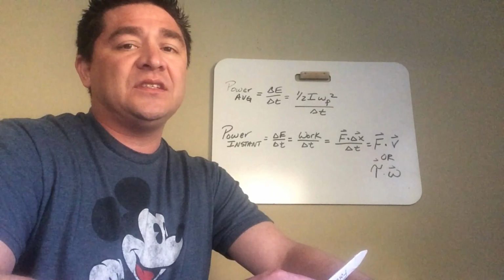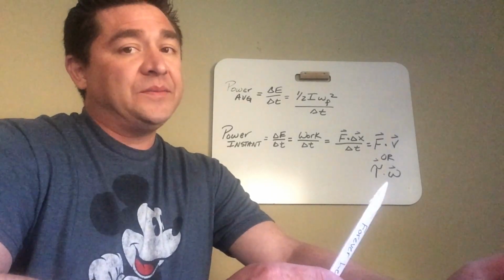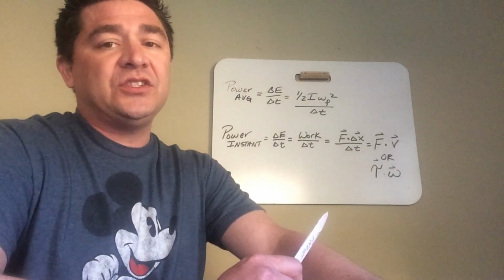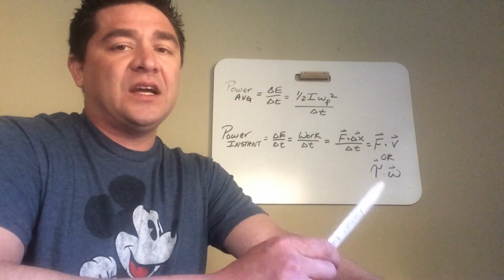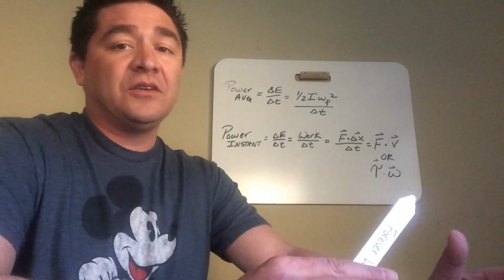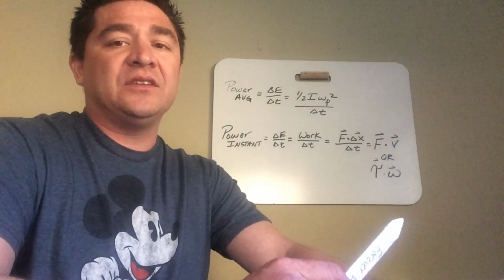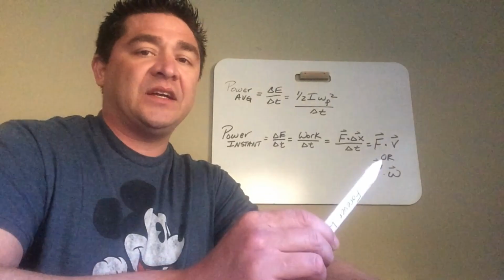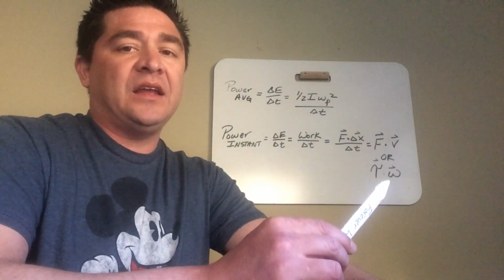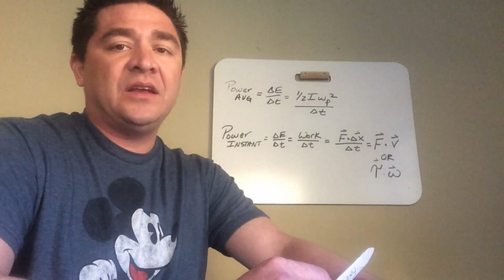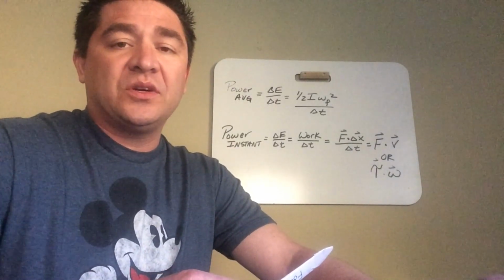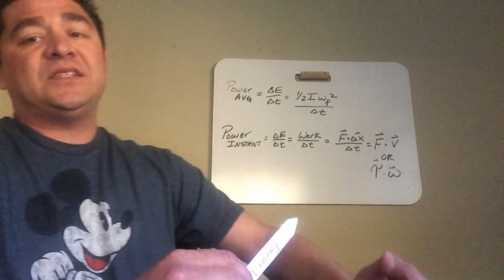Or, in terms of rotational dynamics, torque times angular velocity. So we have our equivalents there, much like all our rotational equations have their linear counterparts. Torque is the counterpart of force, and angular speed is the counterpart of linear velocity. So all we really need to know is the torque or the angular velocity, or vice versa.